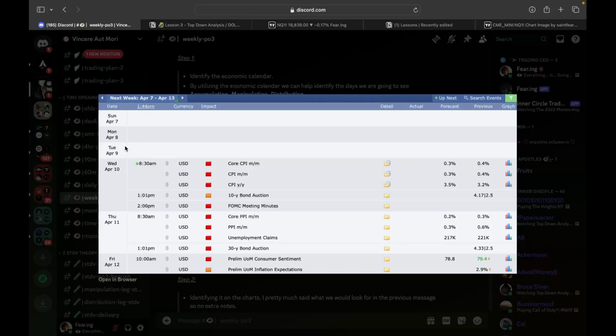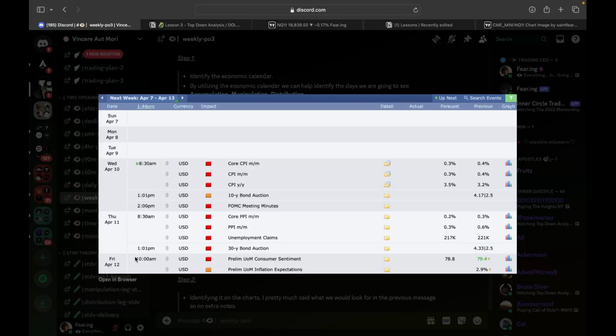Tuesday, good chances also going to be accumulation. No news. We're following one of the most high impact news, which is CPI, and also FOMC minutes. Not as high impact, but with those on the same day, we're not exactly going to anticipate expansion the day before. We could potentially see small manipulation, but realistically, based off the rest of the week, Wednesday is going to be a manipulation.